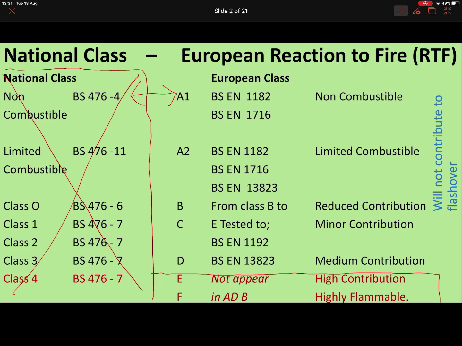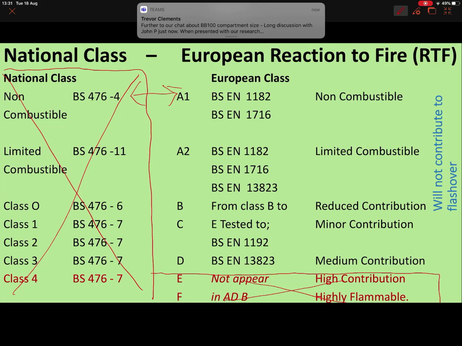And when I say 5, the reason is we've only got 5 is because the others are not mentioned in ADB, so we're not going to worry about them. Like I said, we've got 5 classes and we've got 4 tests. And there's an element of hierarchy. The tests are hierarchical, to a certain extent.